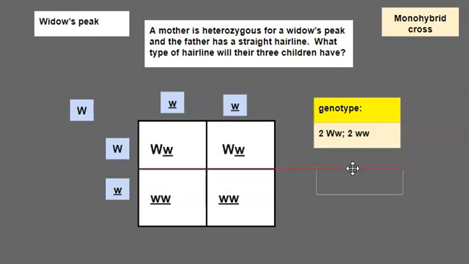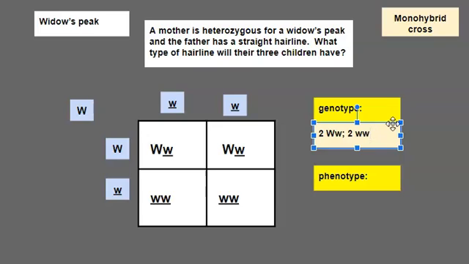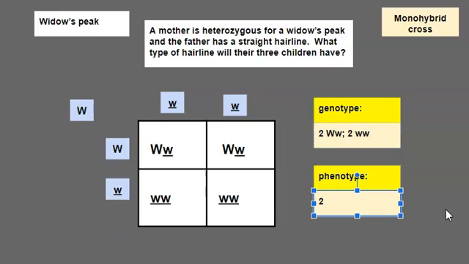The other thing we have to do is write the phenotype. So in this situation, let me make a new box. Remember that phenotype is the physical trait. The physical trait here is whether we're talking straight hairline or widow's peak. And widow's peak is a dominant trait.